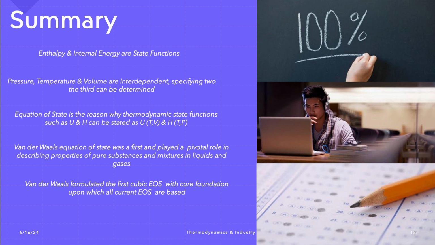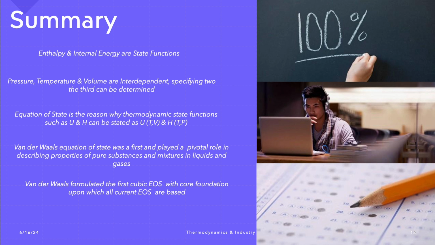So now, to summarize everything that we talked about today: enthalpy and internal energy are state functions. Pressure, temperature, and volume are interdependent; by specifying 2, the third can be determined. Equation of state is the reason why thermodynamic state functions such as internal energy and enthalpy can be stated as functions of 2 variables.